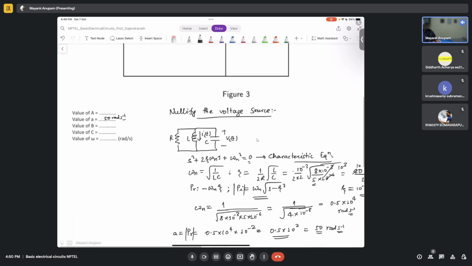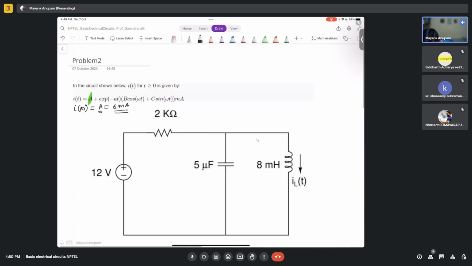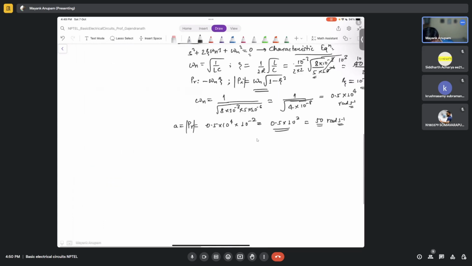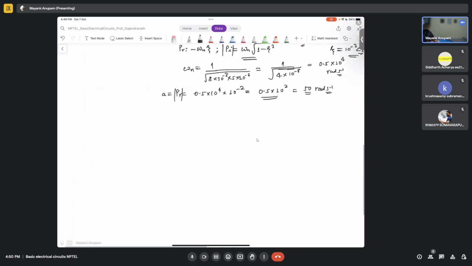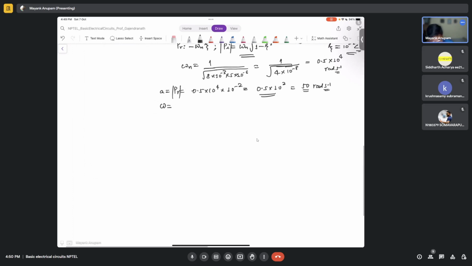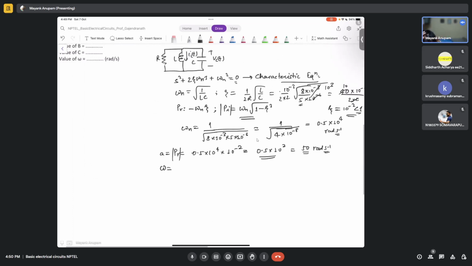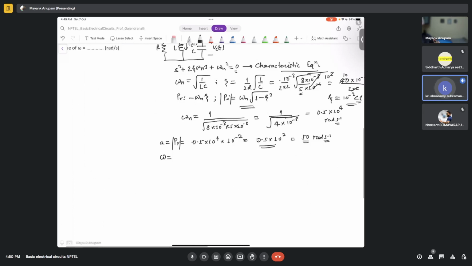Also, we found the value of omega. So now tell me what is the value of omega here? Omega is omega n square root of 1 minus zeta square. Since zeta is 10 to the power minus 2, zeta square is 10 to the power minus 4, which is extremely less than 1, so I can simply ignore this.